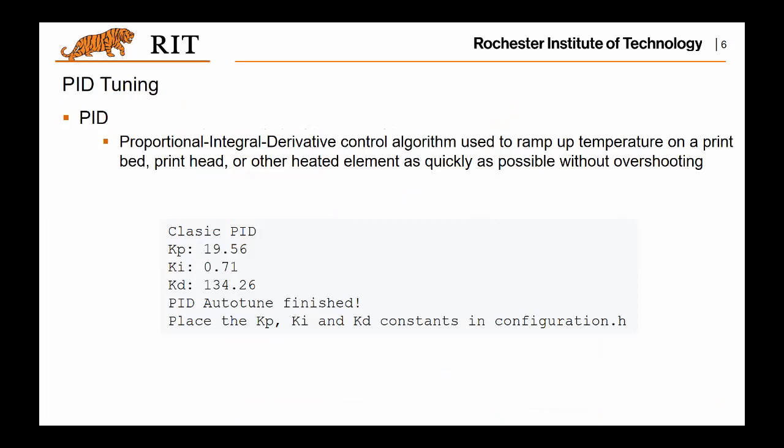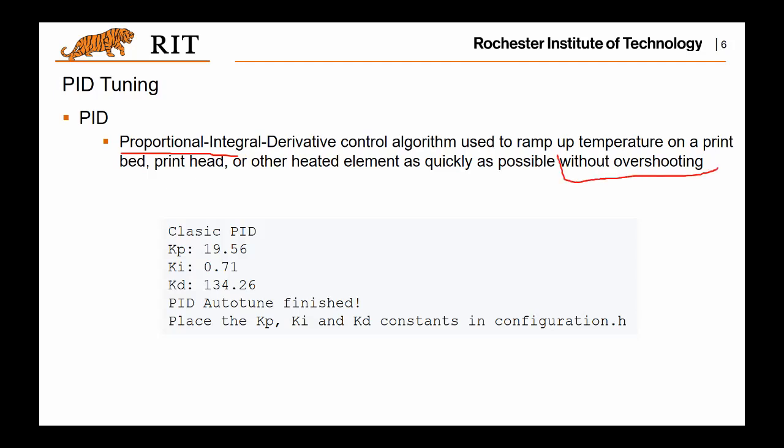And another component is the PID algorithm. So the PID is the proportional integral derivative control algorithm, and that is used to ramp up the temperature of a printing bed, the printer head, and other heated elements as quickly as possible without overshooting.